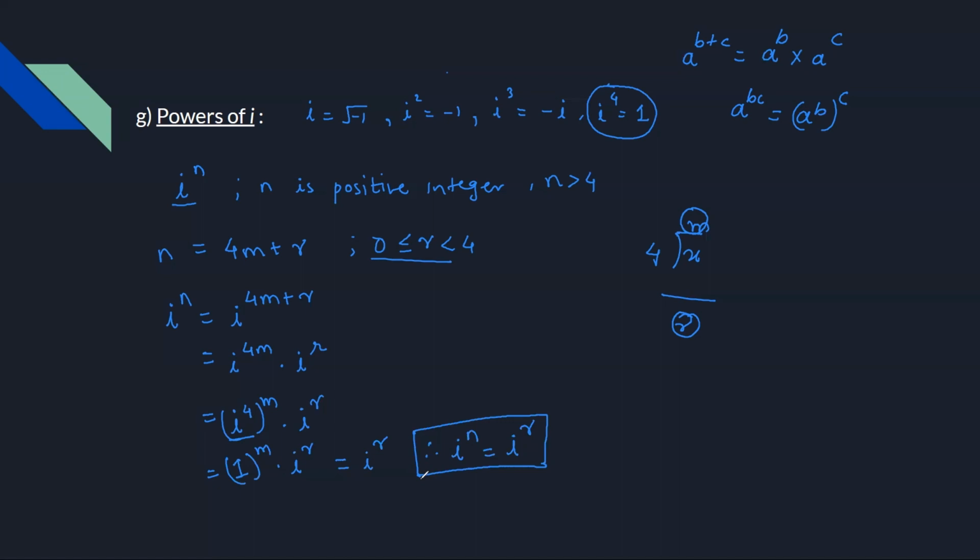So this is a very simple formula. Based on this I will solve the example which I asked you earlier, which was I raised to 50. My n here is 50. Now I have to find the remainder of this when divided by 4. If I divide 50 by 4, I get 4 twelves are 48 and remainder 2.